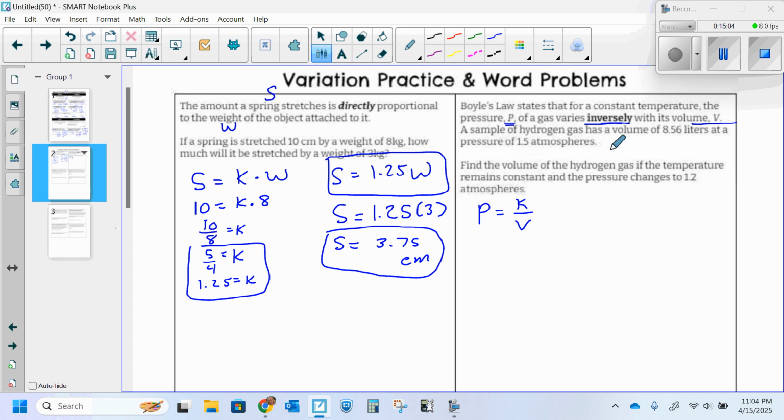A sample of hydrogen gas has a volume of 8.56 liters at a pressure of 1.5 atmospheres. So the pressure is 1.5. You're going to try to find this constant. And then the volume was 8.56. So on your calculators, you're going to multiply 1.5 times 8.56, and let's round to hundredths. 2.84 is what I got.